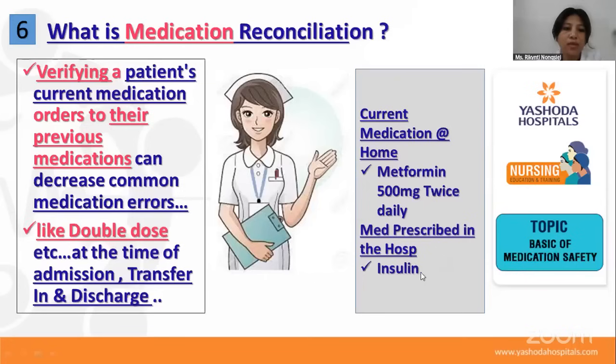So there will be a shift of medications between home and the hospital, as prescribed by the doctors. This is very important whenever we receive the patient during discharge, during transfer, and at initial admission. We need to see what they are taking at home and the current prescribed medication, so that we do not give a double dosage of medication.